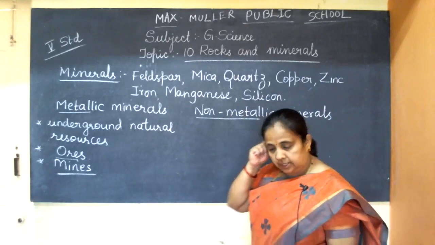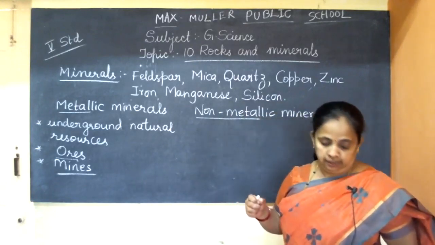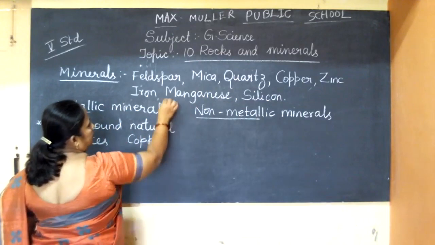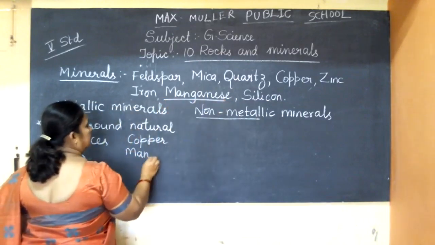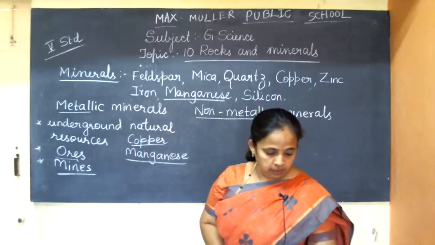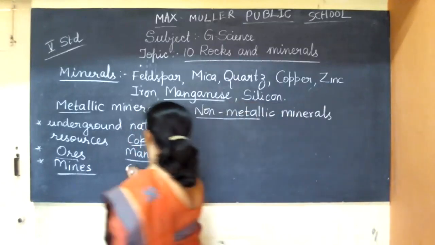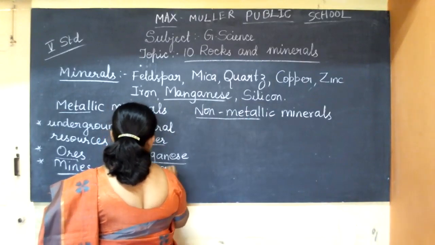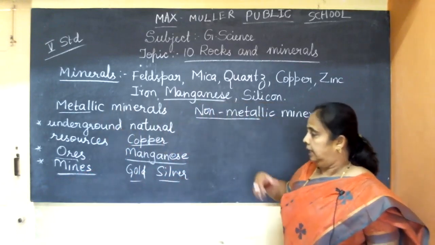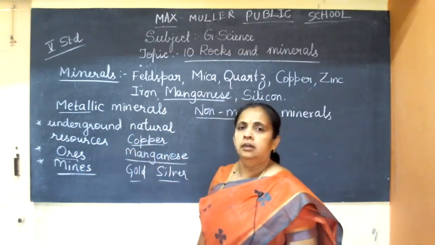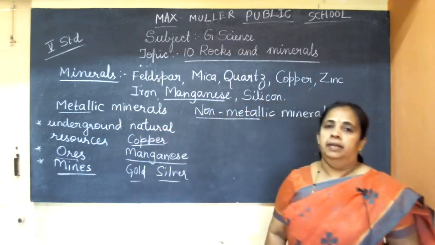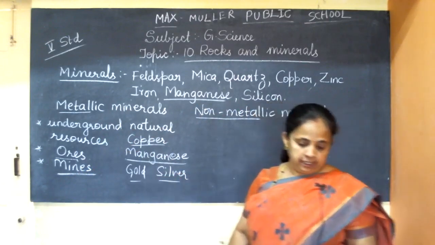Some of the minerals from which metals can be taken out are copper and manganese, as I gave you as examples, and then gold and silver.